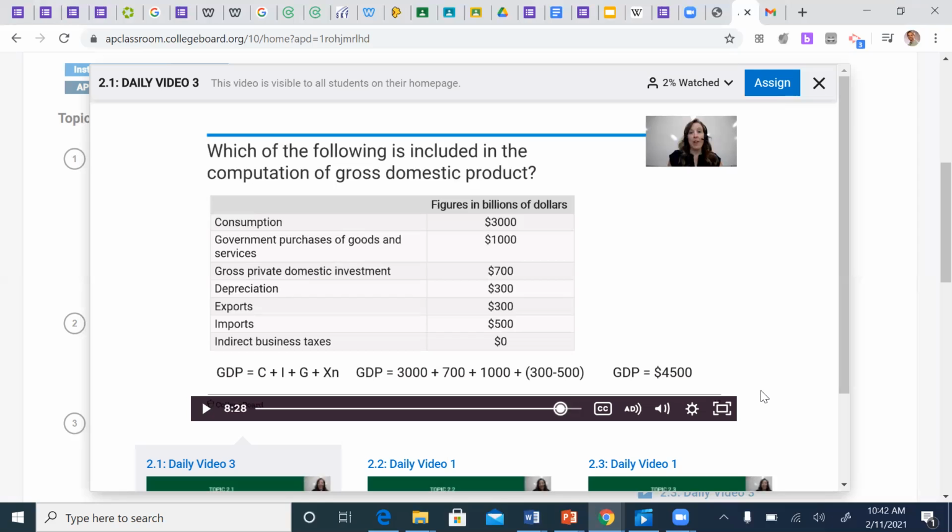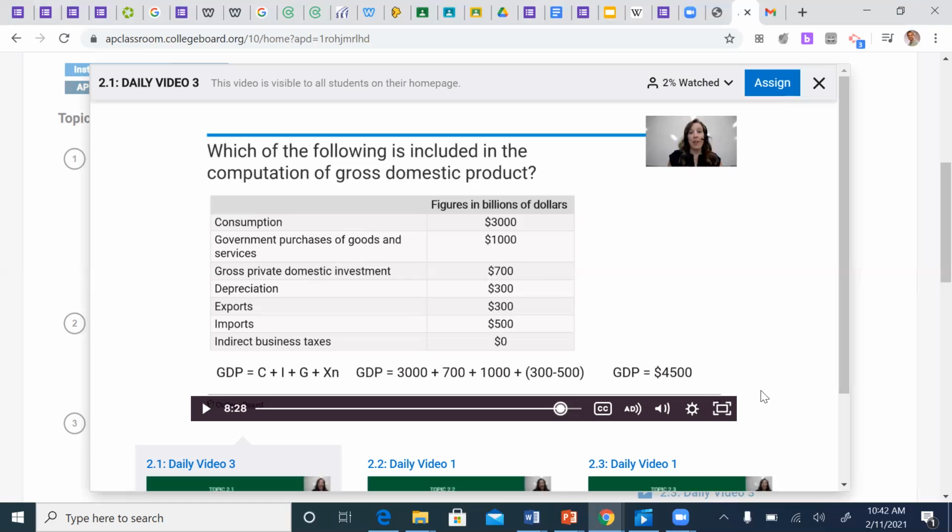Somebody asked what depreciation is. I think it is the amount of money that has lost value in whatever economy we're looking at. We're not at that point yet where we're learning about that. But you should have picked out that depreciation is like the odd one out of the bunch.